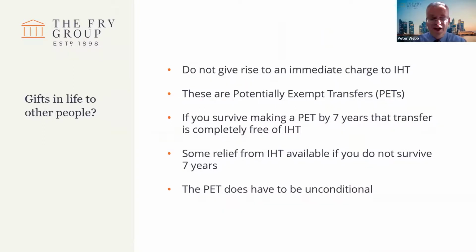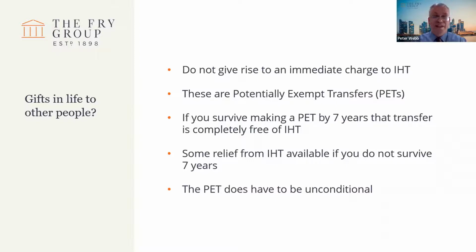So gifts in life to other people. Making gifts to your intended beneficiaries, for example, your children, is, in my view, one of the simplest and most effective ways to reduce your inheritance tax bill.